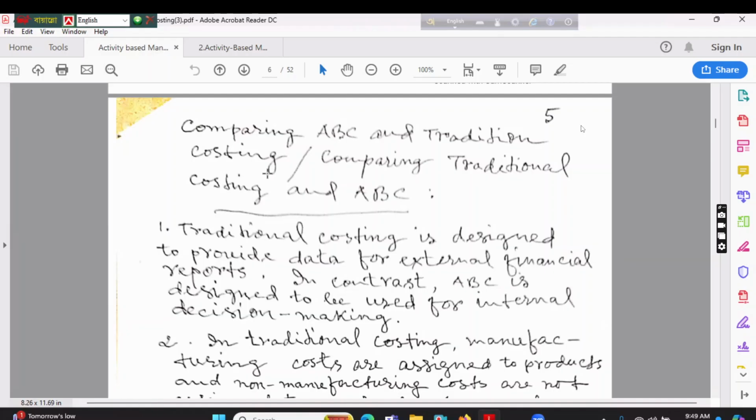Absorption costing means traditional absorption costing or traditional costing. Now, comparison between activity-based costing and traditional costing.